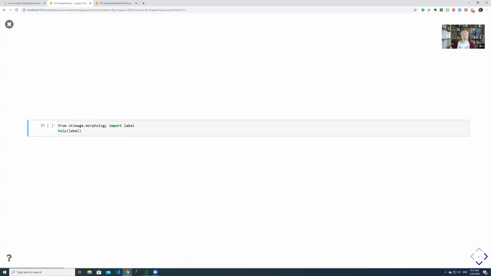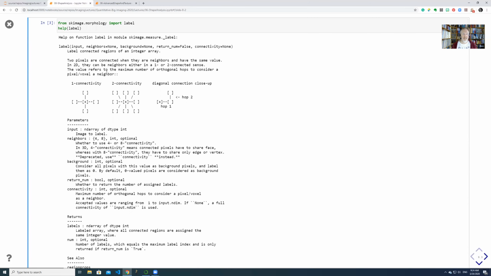And of course, there are already implemented algorithms in scikit-image morphology. There is a function called label. And if we look at the help of that one, you can see there are a lot of options. It talks about connectivity. And that's something we are going to look into a little bit more in a few minutes.